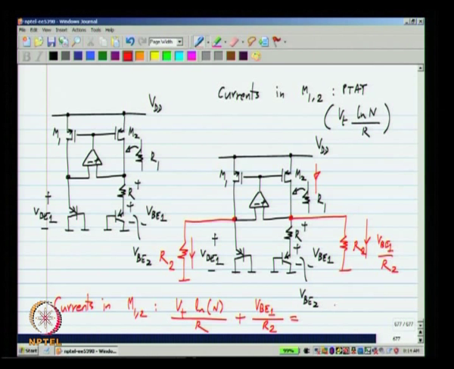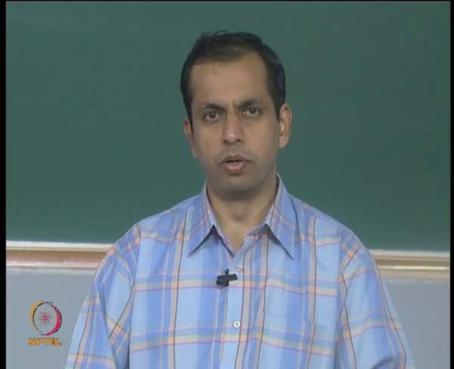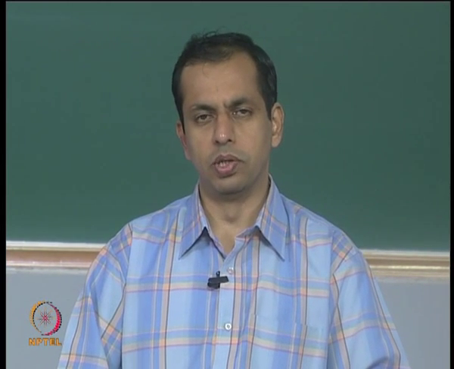And we can write this as VBE1 plus Vt log n times R2 by R, divided by R2. You see that the numerator is of the same form as before, it is a voltage which is the sum of a base emitter voltage drop and a proportional to absolute temperature voltage drop.